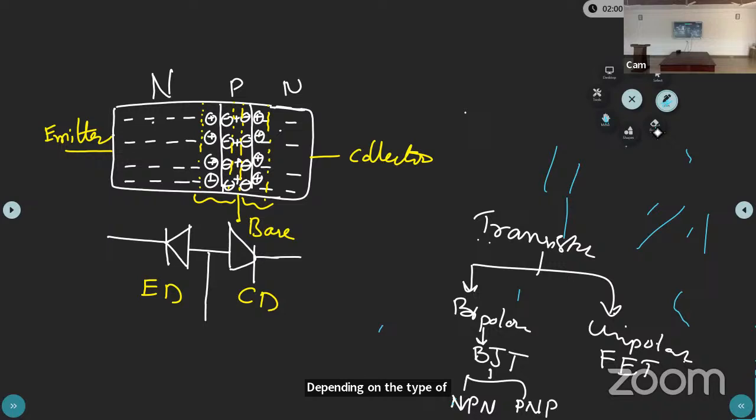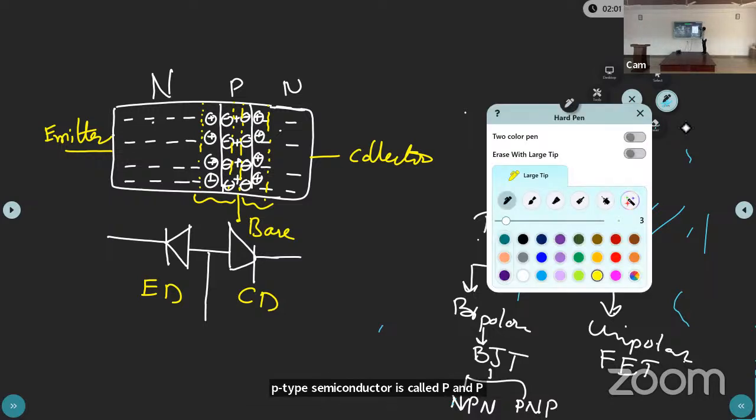Based on that, there are two types of BJT transistors: NPN and PNP. The NPN is constructed by sandwiching the P-type semiconductor between the two N-type semiconductors, and the PNP is where the N-type semiconductor is sandwiched between the two P-type semiconductors, called the PNP transistor. It's over.